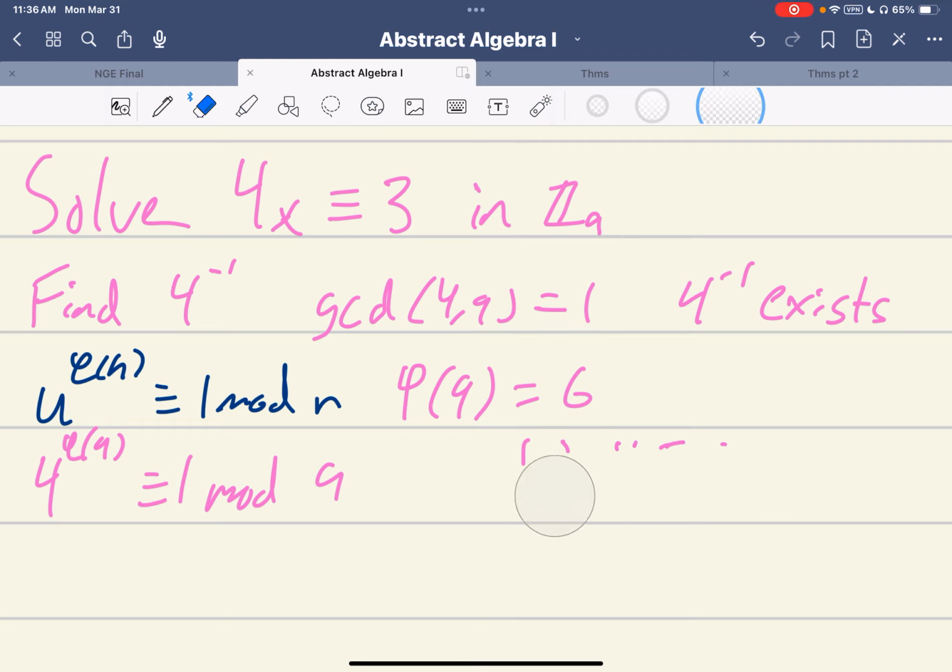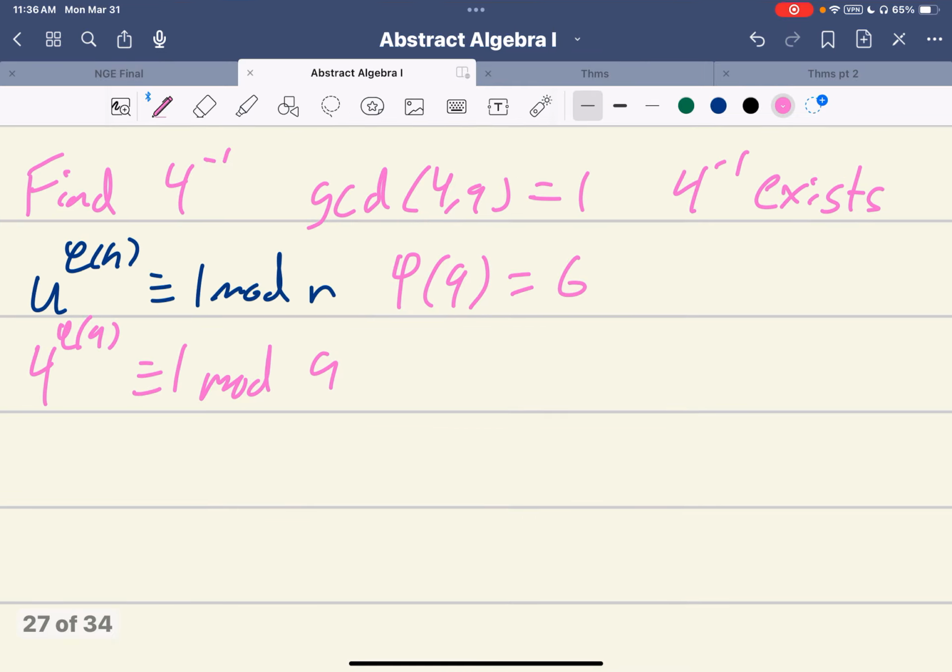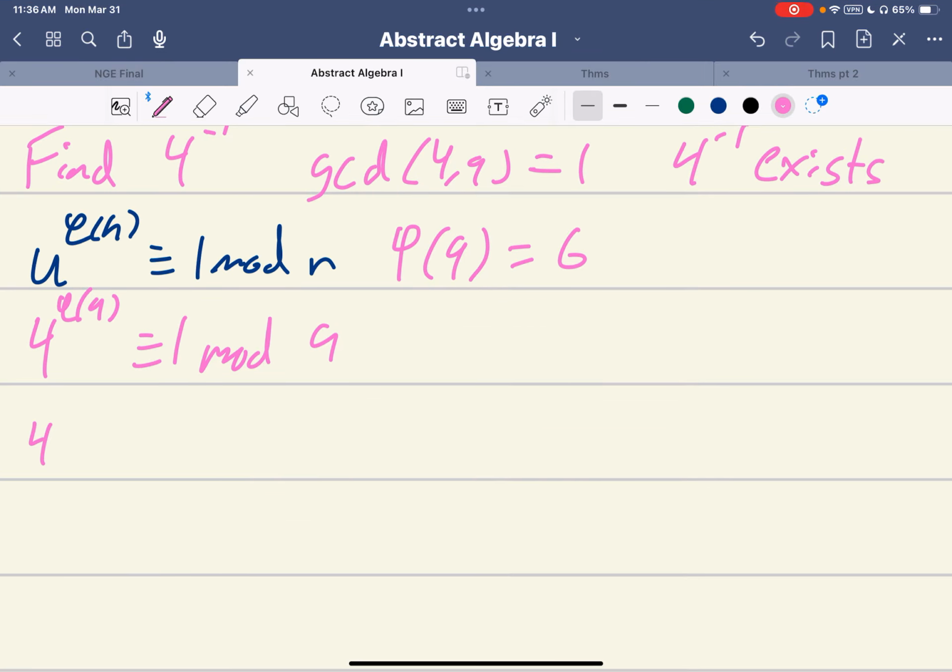Yep, there's 6. Now we know that 4 inverse is going to be equal to 4 to the phi of 9 minus 1, which is 4 to the 5th mod 9.